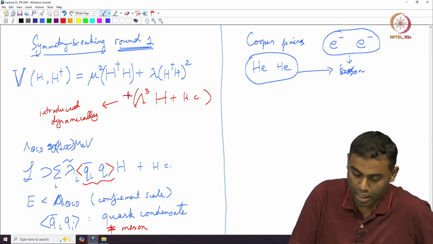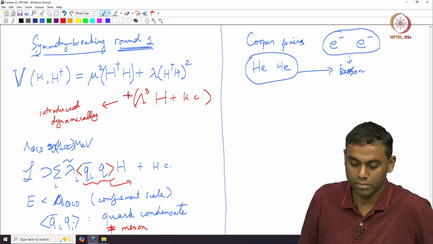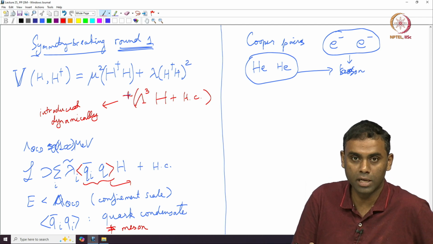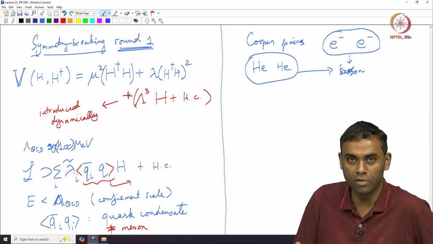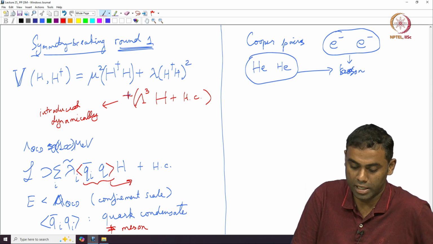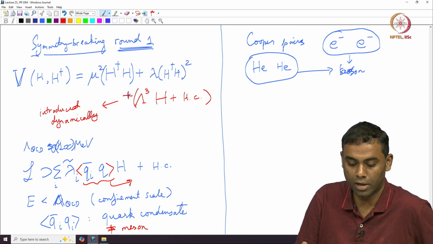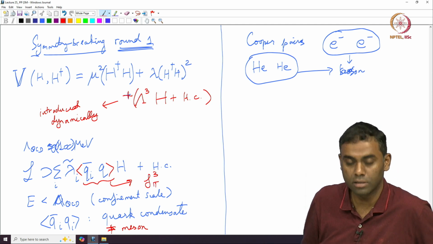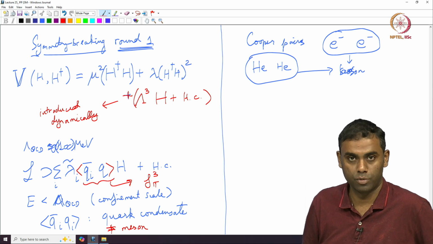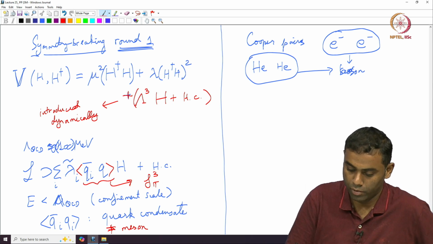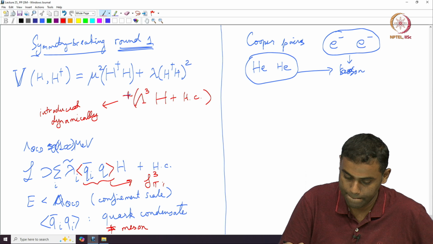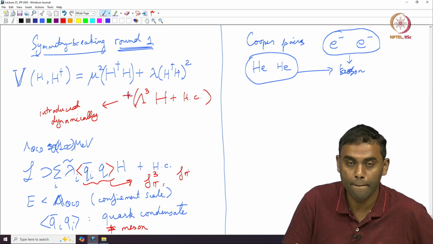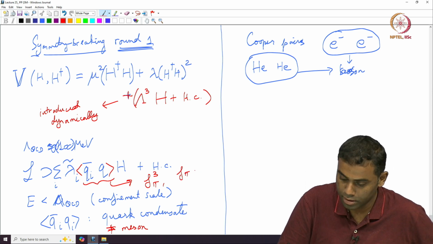And that constant, because see now what is the dimension of q bar q? It is 3, right. So, I need to write something with 3 powers of the energy, right. So, that is generally written as f pi cubed, okay, where f pi has a value of 93 MeV.